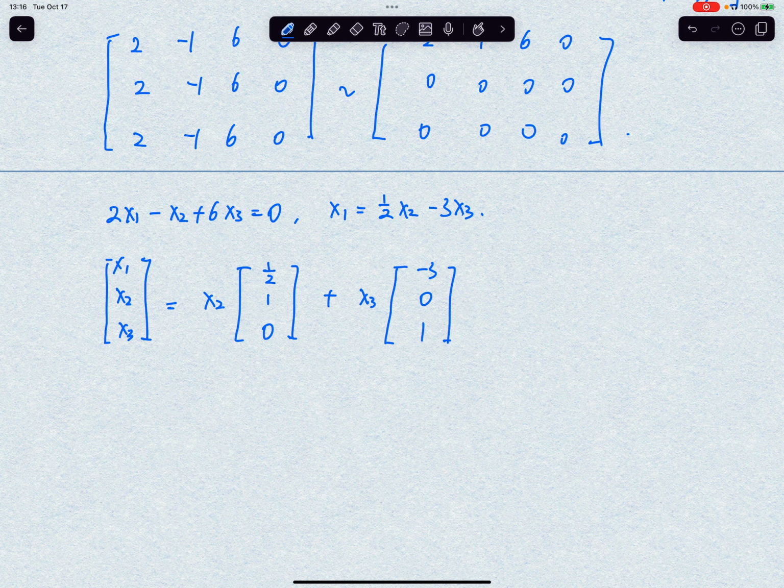So this means we have x1, x2, x3 where x1 equals 1/2 x2 minus 3x3, and x2 and x3 are free variables.